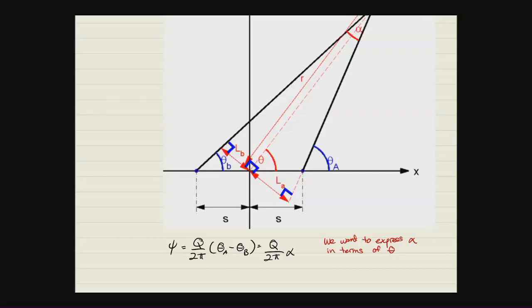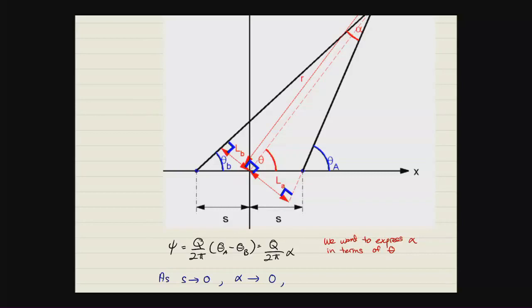Now we are considering what happens when s approaches 0. As our source and sink approach the origin, what's alpha going to tend to? It's going to be 0, so this one here is going to approach 0.